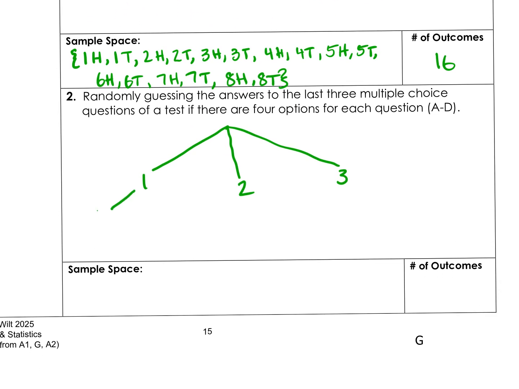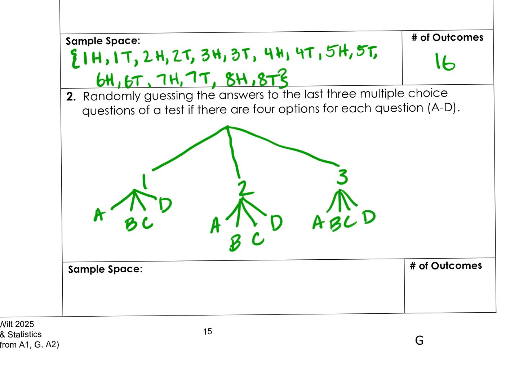Then I could have A, B, C, or D for each. So you can notice that I have 3 options here and 4 for each of those, and my number of outcomes actually is simply 3 times 4. And then I'm going to write out my sample space.